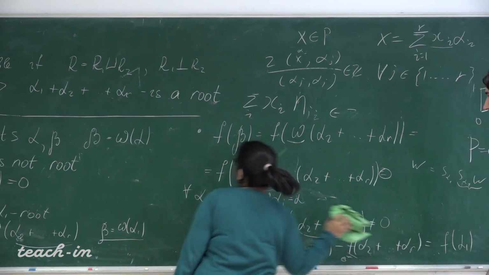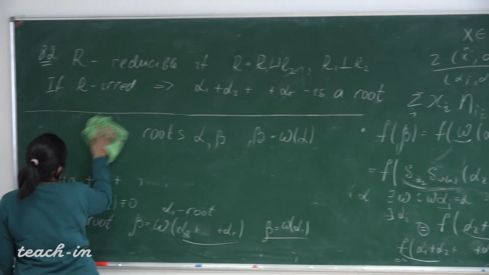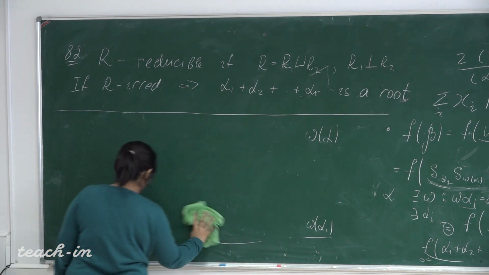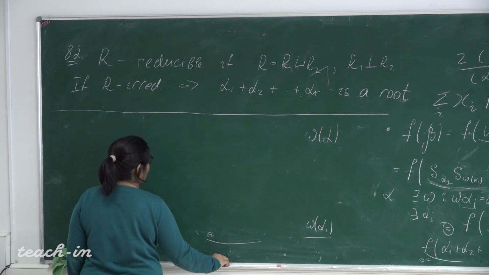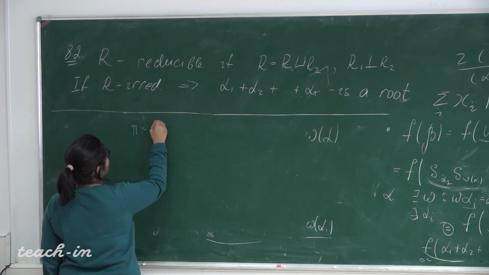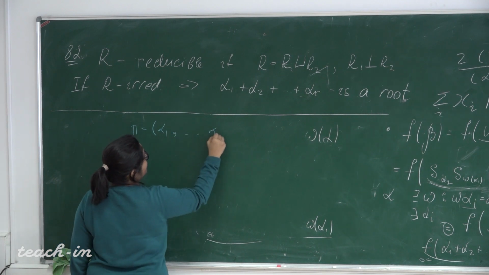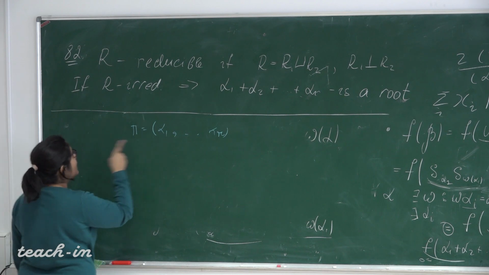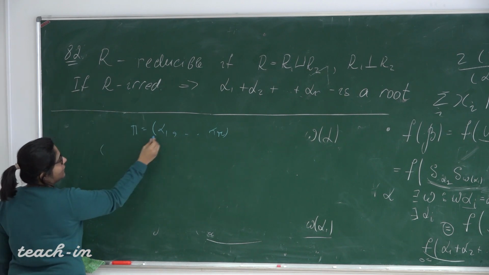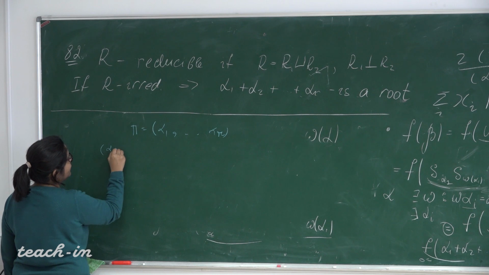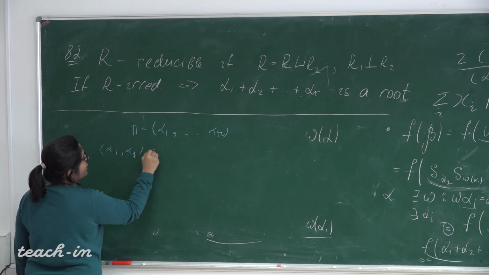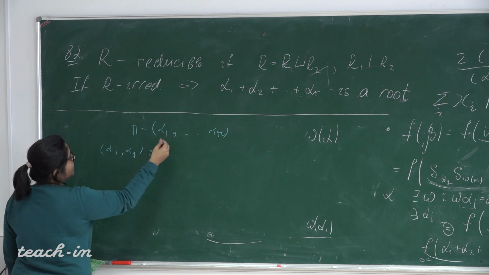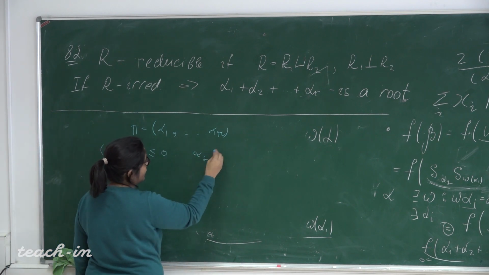Okay, what we have is alpha 1 up to alpha r, and it's of course an irreducible system. They are all simple roots, so we have the property that the pairing of alpha i and alpha j is less than or equal to 0 for simple roots. Let's say alpha 1 is of course a simple root.